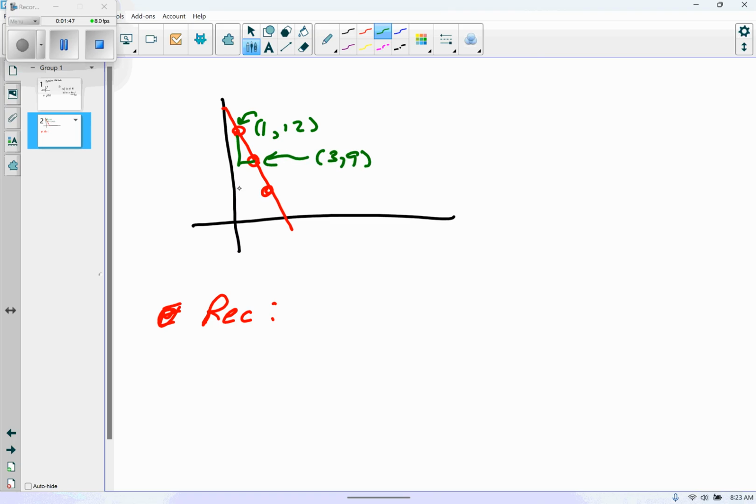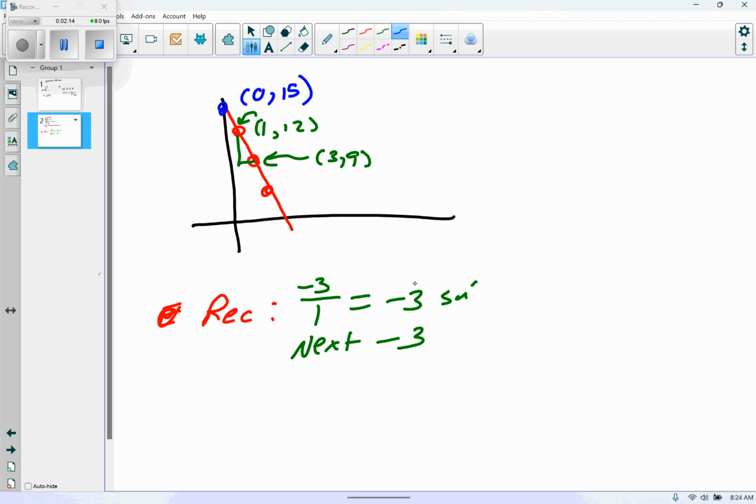So if I go down 3 and right 1, which is 3 over 1, or negative 3 over 1, we are basically subtracting. So our recursive is like next minus 3. And if we wanted to figure out our equation, it looks like way up here, this point here was 0 comma 15.